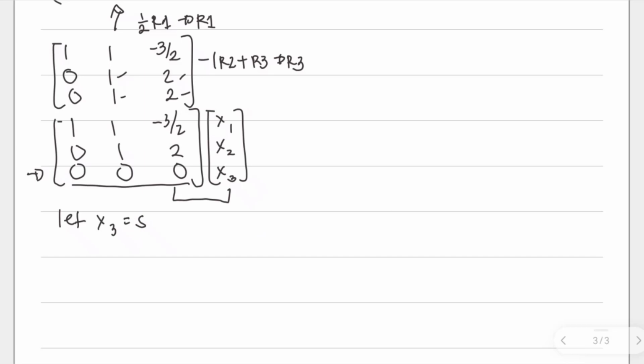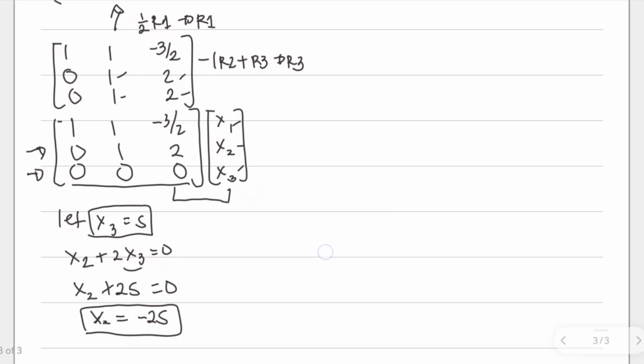And with that, for our second row, if you multiply this with this, you have 0 x sub 1, x sub 2 plus 2x sub 3 equals 0. But x sub 3 is already s. So x sub 2 plus 2s is equal to 0. And then you will have x sub 2 is equal to negative 2s.